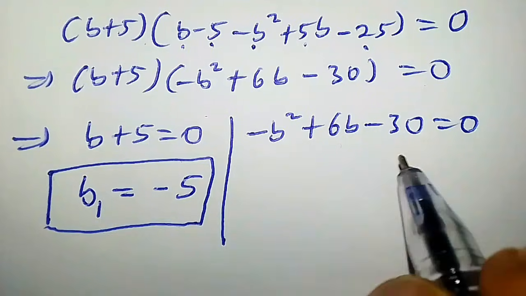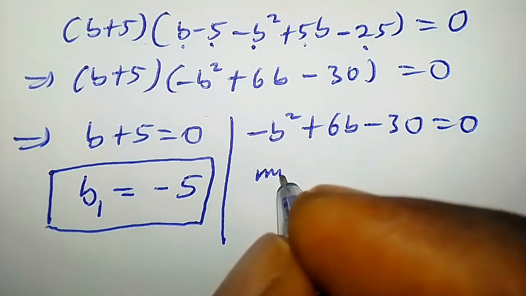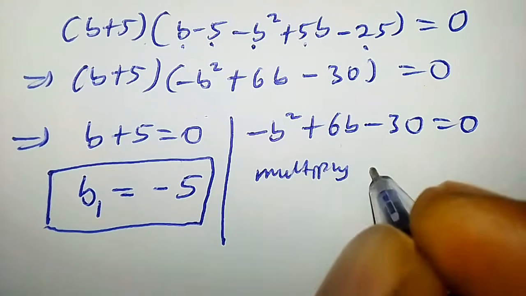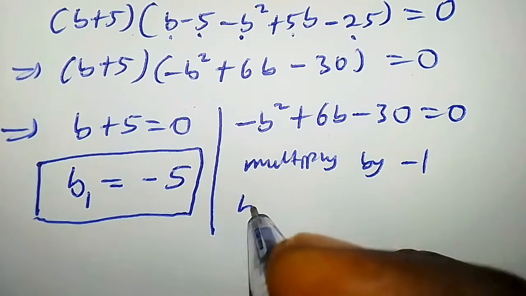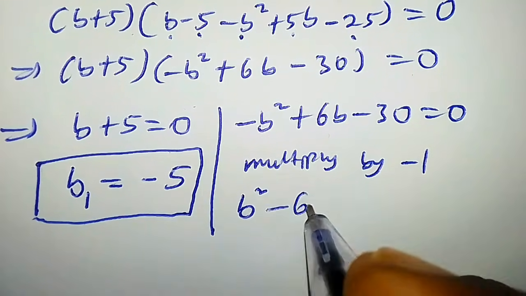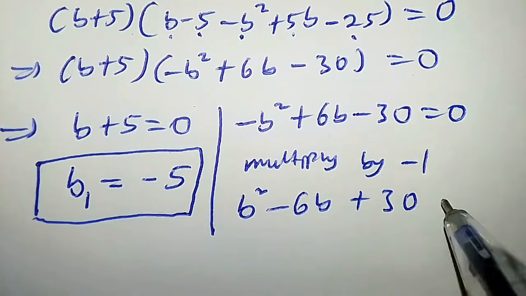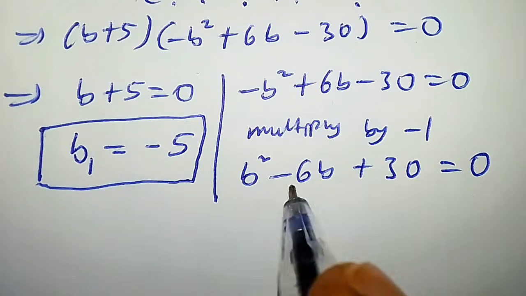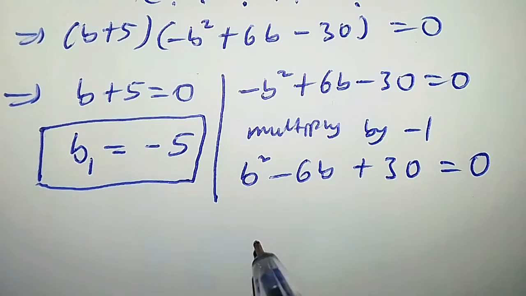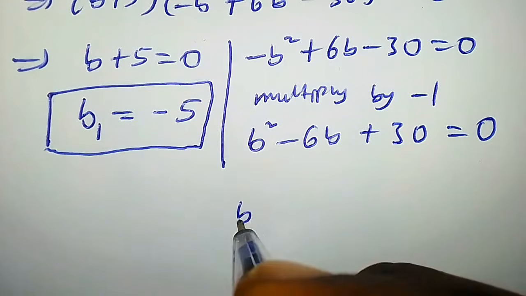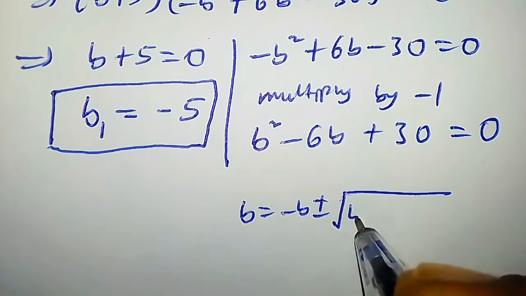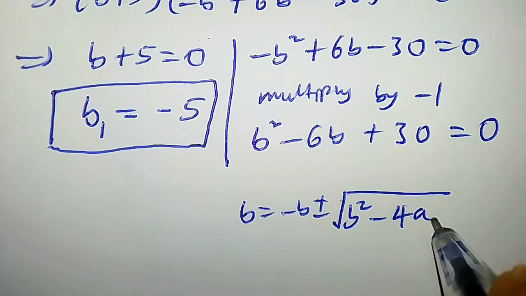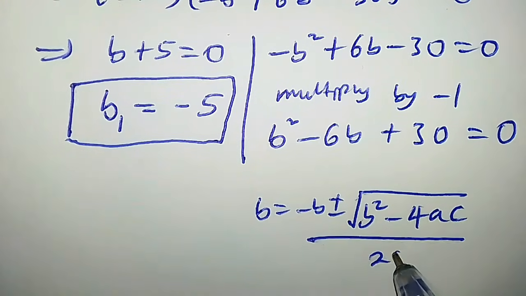Now, for this particular equation, let's multiply both sides by minus 1. So that gives b squared minus 6b plus 30 equal to 0. We can solve this quadratic equation using the quadratic formula, which says b is equal to minus b plus or minus square root of b squared minus 4ac, divided by 2a.